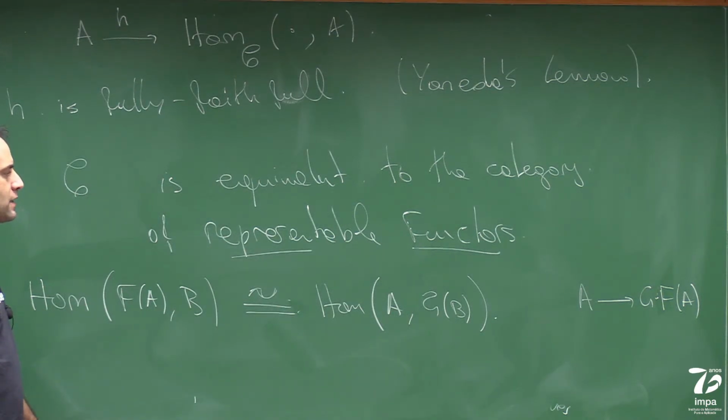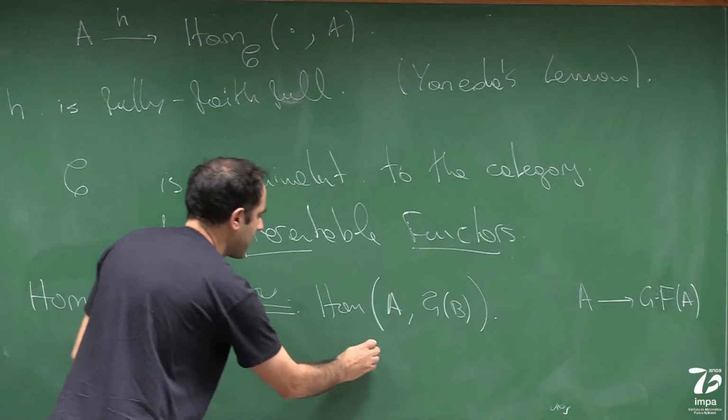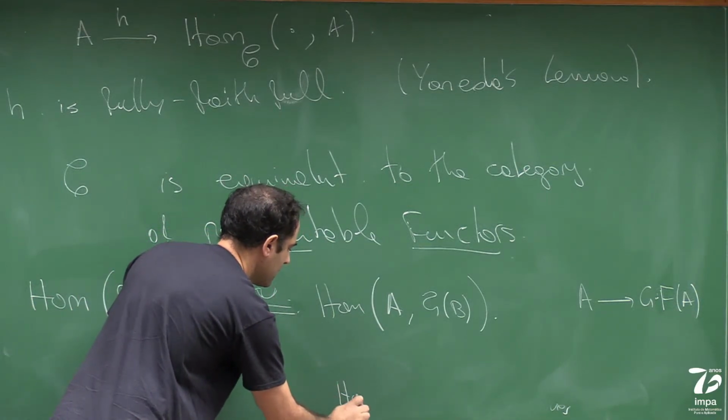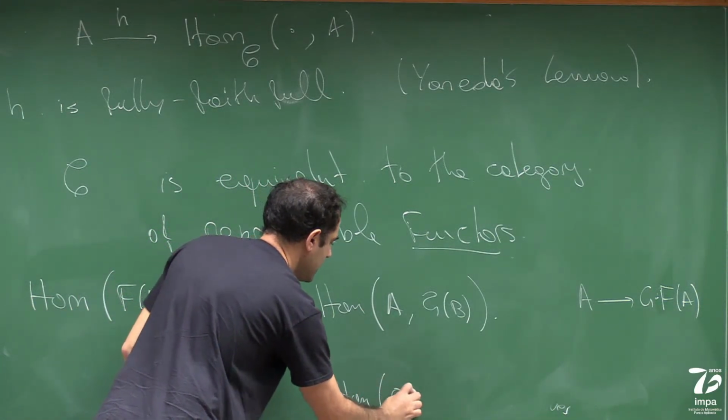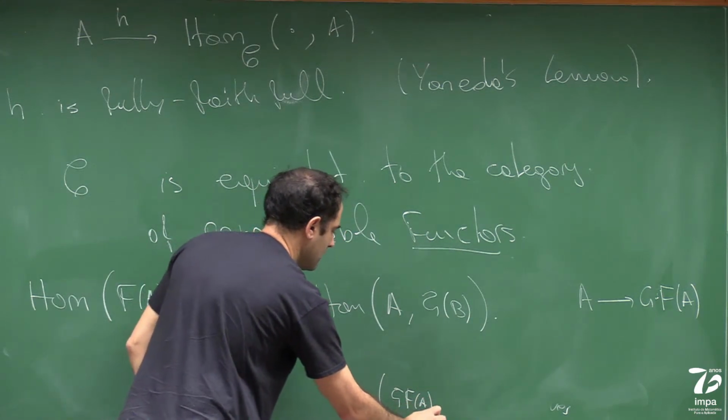So I have a map from A to GFA. So I get a map, so let's look at that, from GFA to GB.